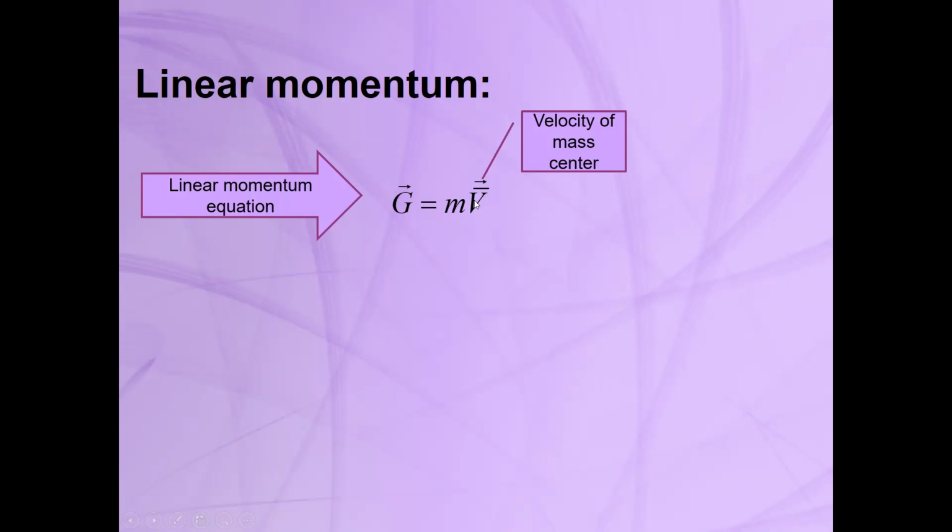Because you know, when we have rotation in a rigid body, the velocity of the other points will be different from the velocity of the mass center. But when we have translational motion, the velocity of all of the points on the rigid body is the same.